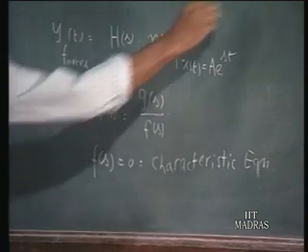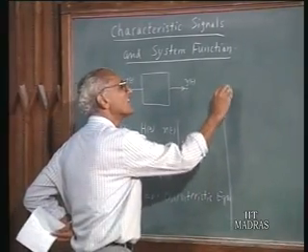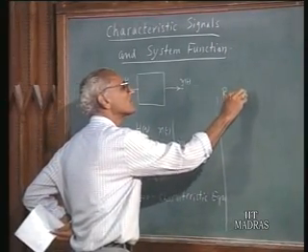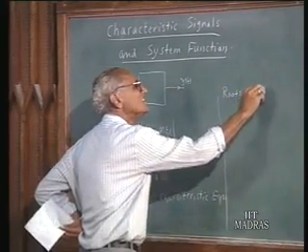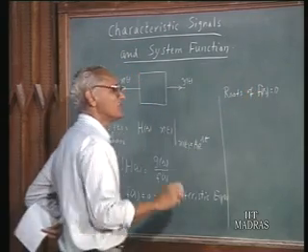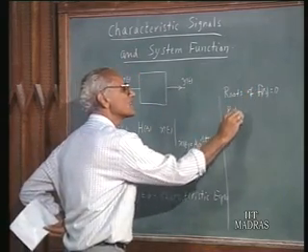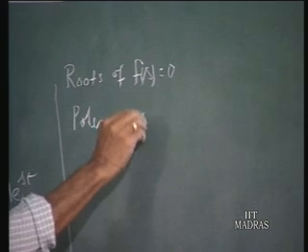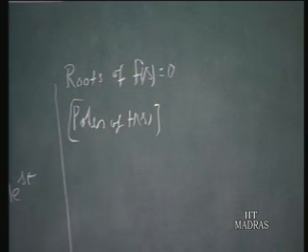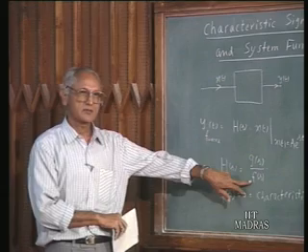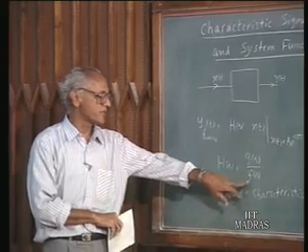So the roots of this equation are the same as poles of H(s). We said poles of H(s) are the zeros of F(s), the roots of the equation F(s) equals 0.